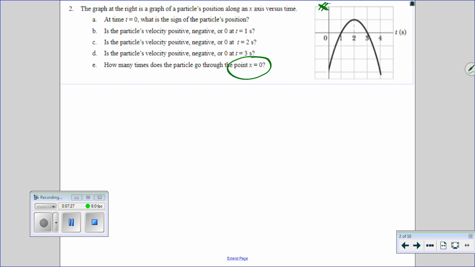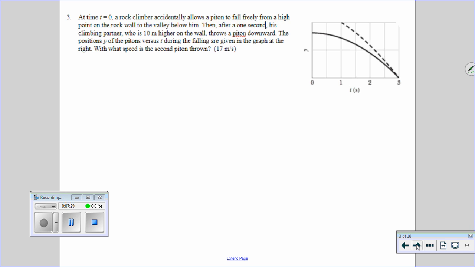I know some of you guys struggled with number 3. I'm going to skip it for a minute because it's a very specific type of question. I also realized, talking with somebody about it this morning, that the wording is weird. I've since fixed it for next year, but it doesn't say after 1 second the climbing partner throws it. It says after a short time later, he throws it down.